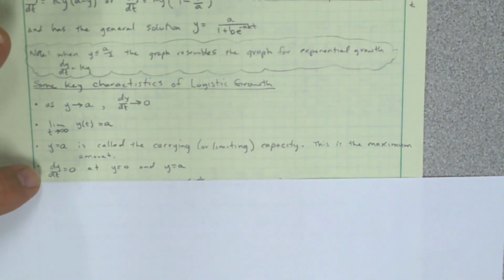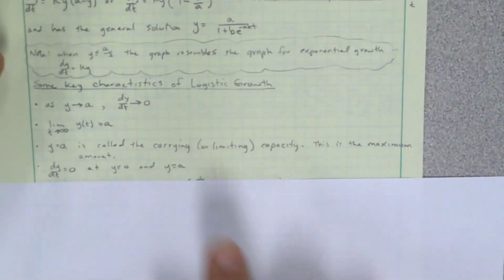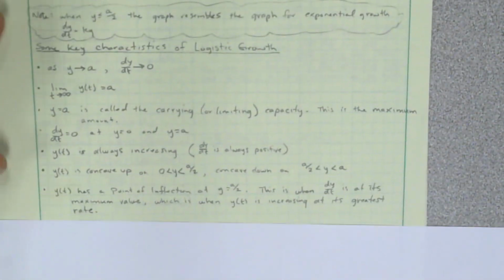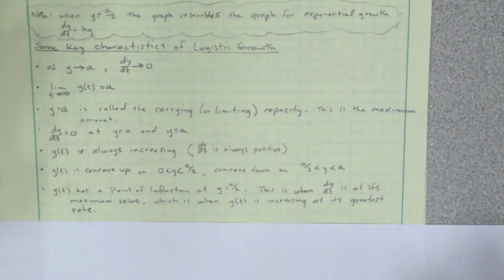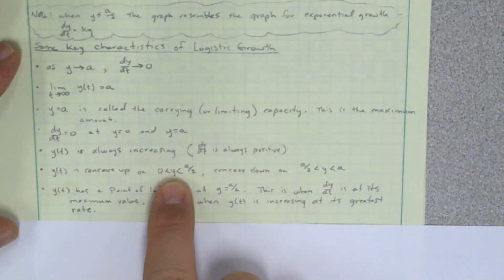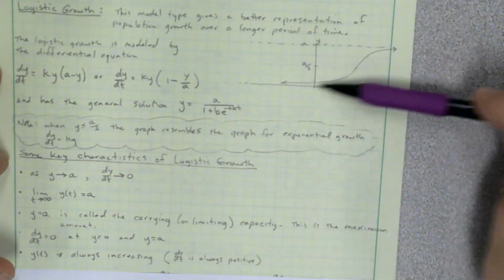dy/dt equals 0 at y equals 0 and at y equals a. Y of t is always increasing, so dy/dt is always positive. Y of t is concave up on the first half and then concave down on the second half. So this is where a point of inflection occurs. Concave up here, concave down here.